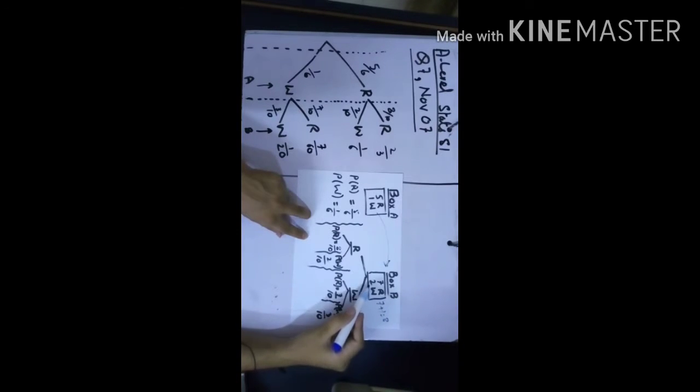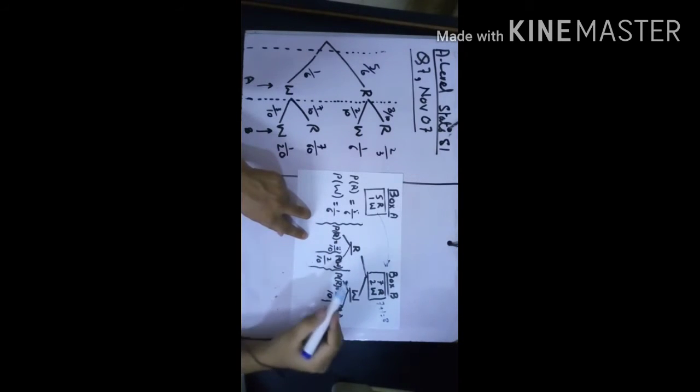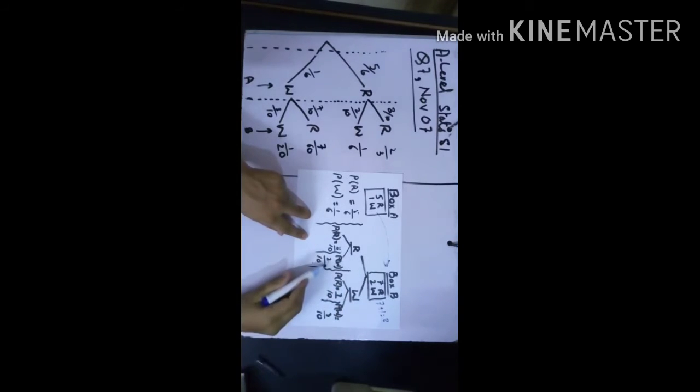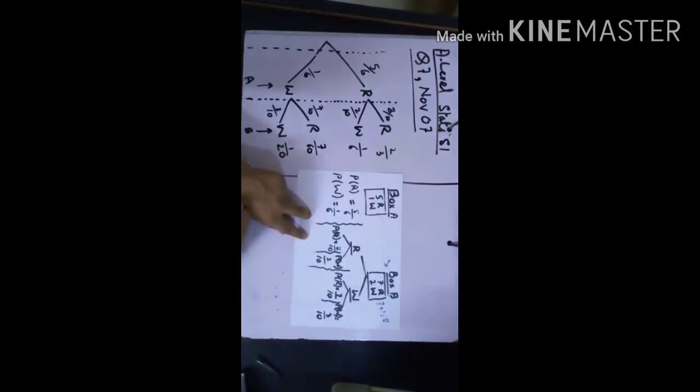So this 2 remains the same, but the total becomes 10: 7 plus 1 is 8, and 2, that is 10. For the white paper clip from box B, the probability is 2/10. This is the case when we draw a red paper clip from box A.